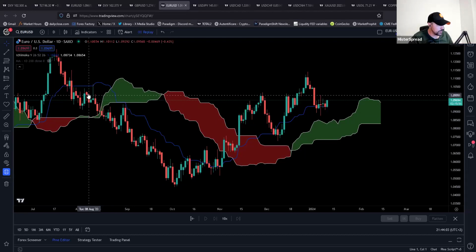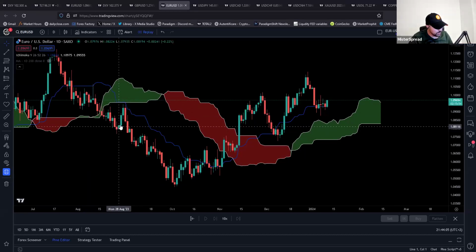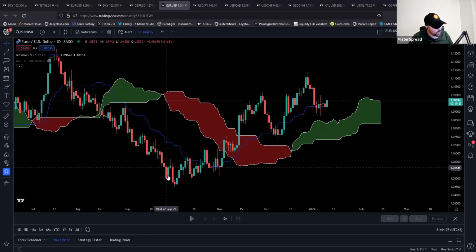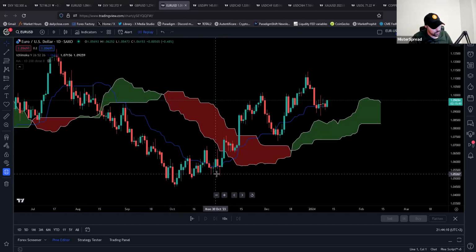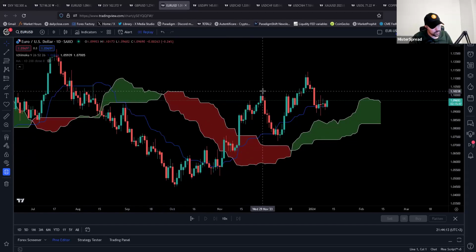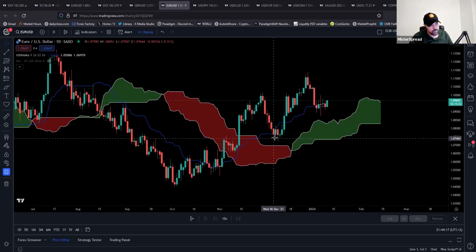So as you can see here, the price was going away from the baseline, attracted. Away, attracted. And the same thing here, the price moved too far from this. Look, when the price moved too far from the baseline, immediately attracted.